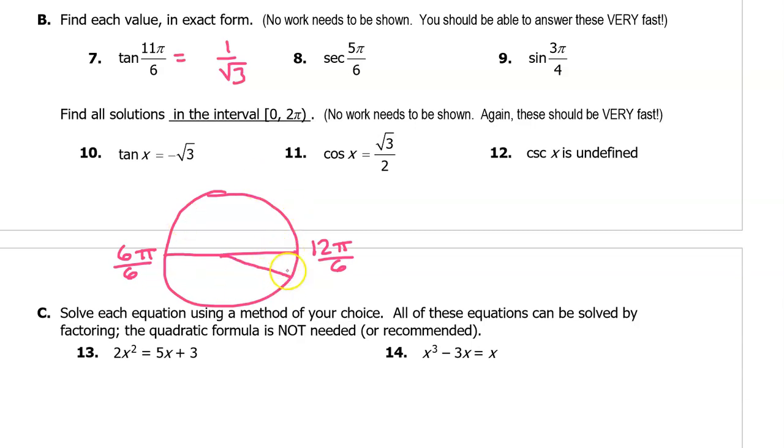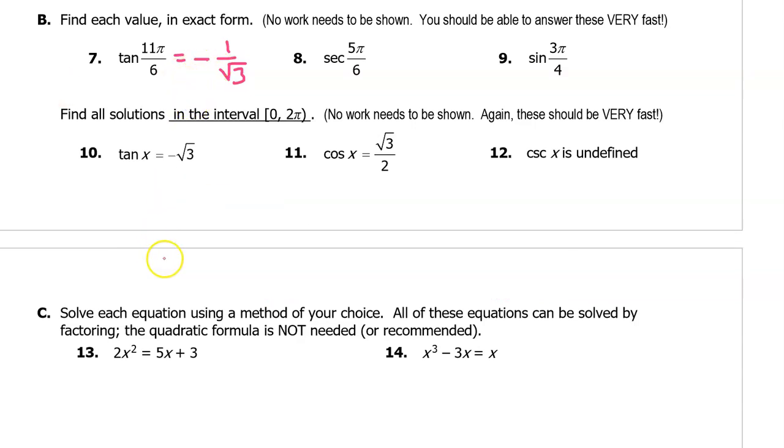So very quickly we know we are in the fourth quadrant. And we know that tangent is positive in the first quadrant and the third quadrant, and tangent is negative in the second quadrant and the fourth quadrant. So in the fourth quadrant, tangent is negative, so we know this is going to be negative. So I took a long time to explain that, but you should be able to do all that in about 5 seconds.